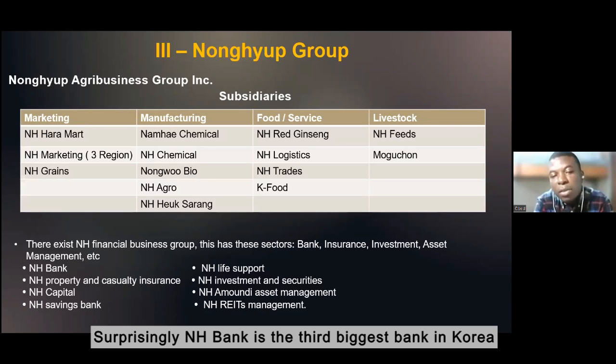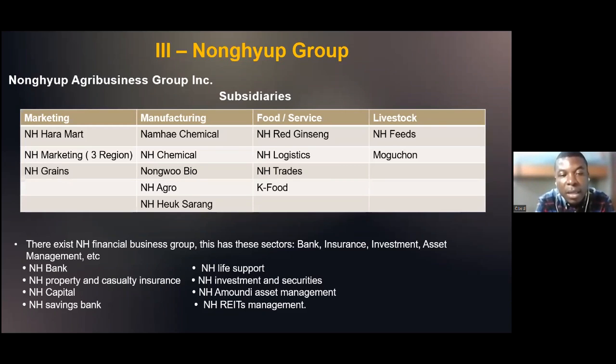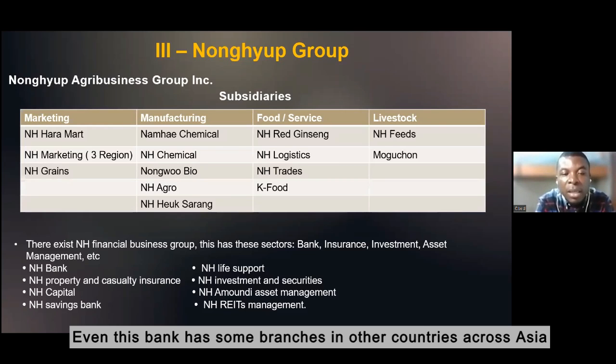And according to records, NH Bank is the 3rd best bank in Korea, and it's really assisting indigenous people, and they even have other branches across Asia. This particular bank is really helping Koreans and, as earlier said, other people around Asia.